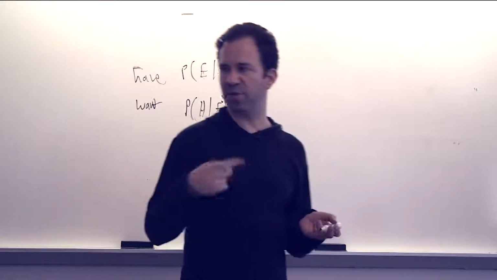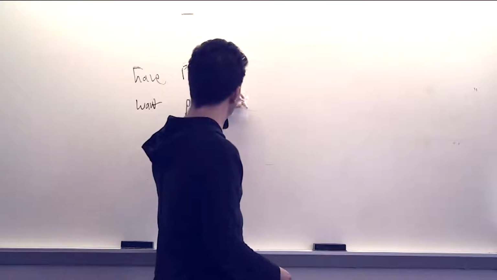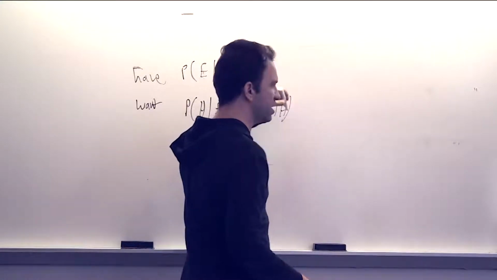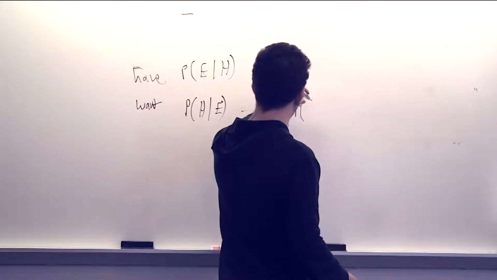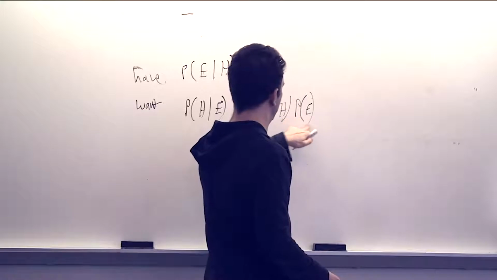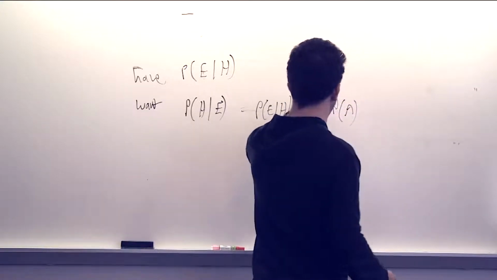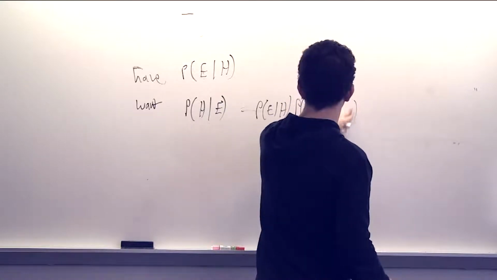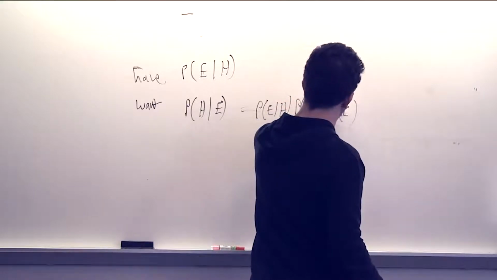It just tells you the relationship between A and B. So it tells us that the probability of hypothesis given evidence is the probability of evidence given hypothesis, times the probability of hypothesis, divided by the probability of the evidence.